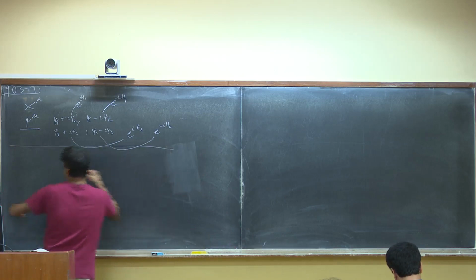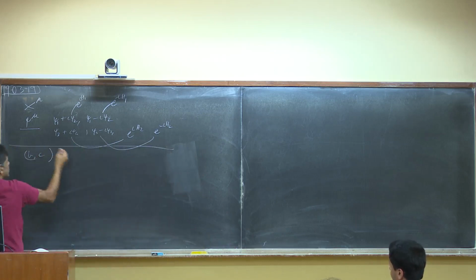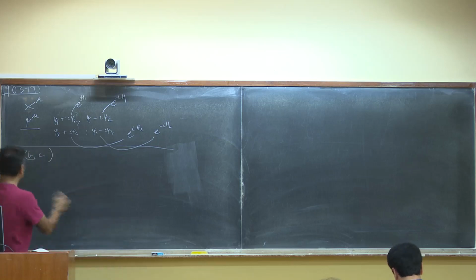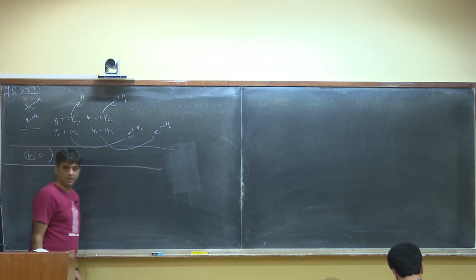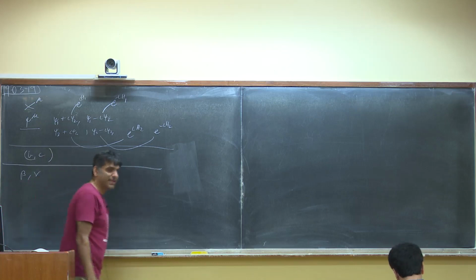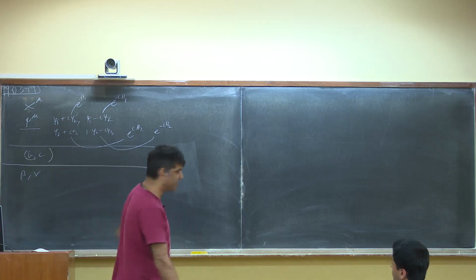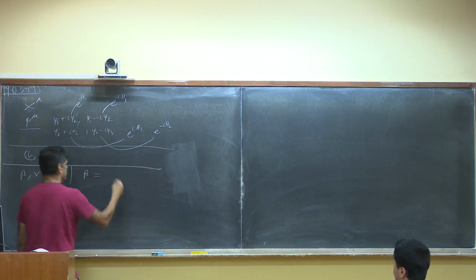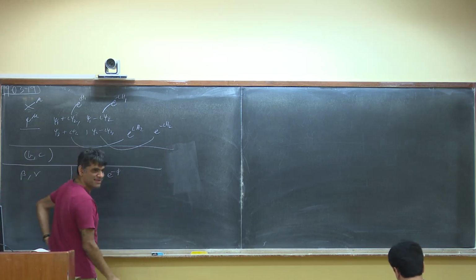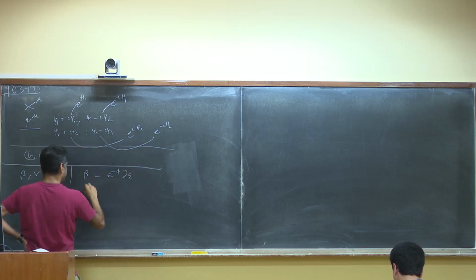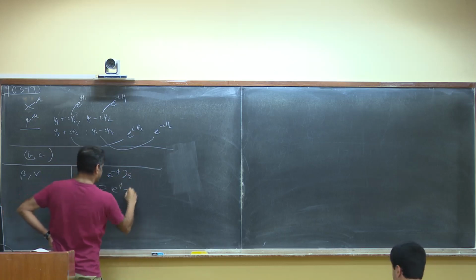This is one of the ingredients of the string worldsheet. Then there was the bc system, which if we want to, we could bosonize, but there's no real advantage to that, and we'll just leave it as it is. Then there was the beta gamma system. The beta gamma system we did bosonize, and there will be an advantage to that. So let us recall, beta was equal to e to the power minus phi times del xi, gamma was equal to e to the power phi eta, something like this? Yes.